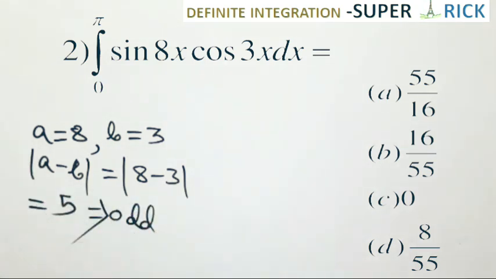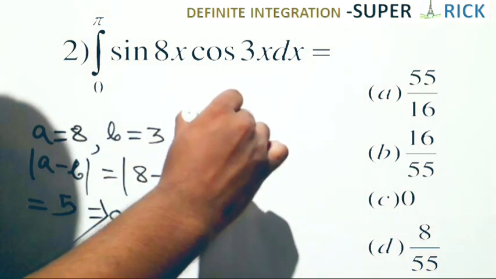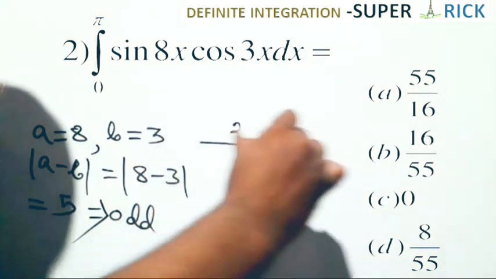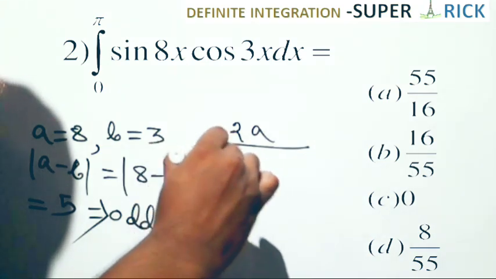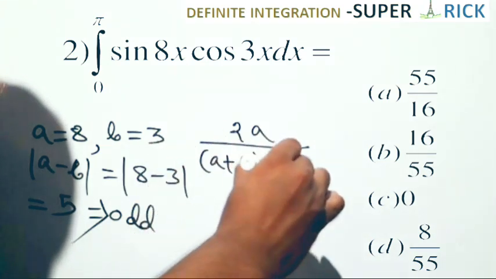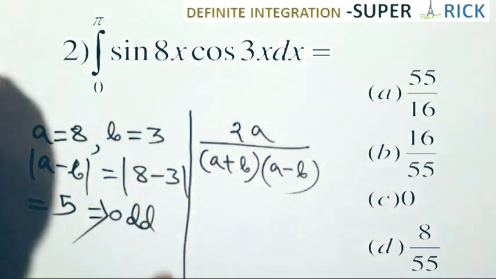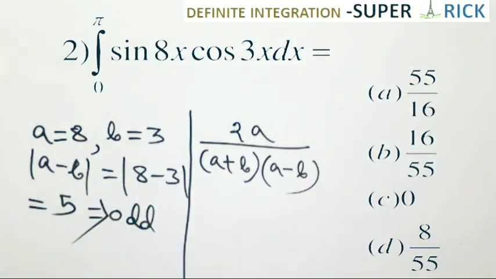So according to our trick, the value of the integration will be 2a divided by (a plus b) into (a minus b).